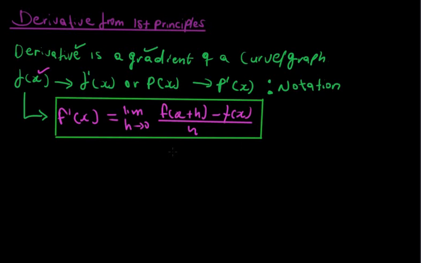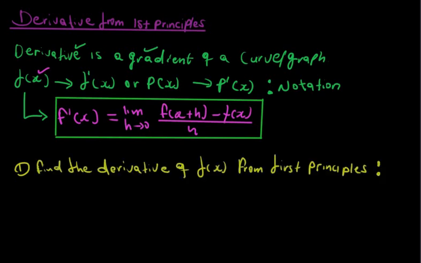But now let's do 2 examples to try and make sense of what I just said. So example 1, the first question, let me just write it down. The question is: find the derivative of f of x from first principles.